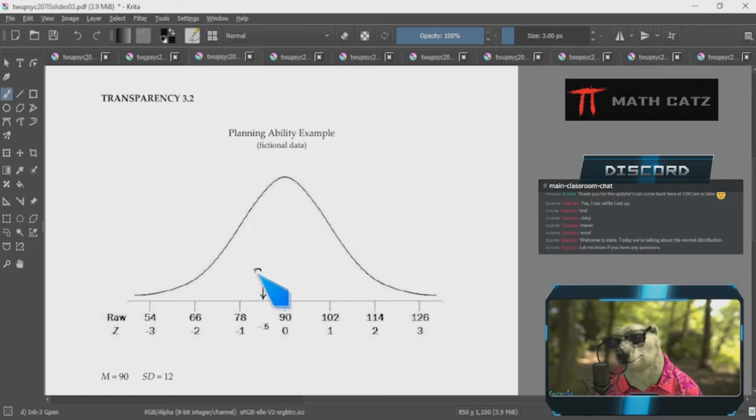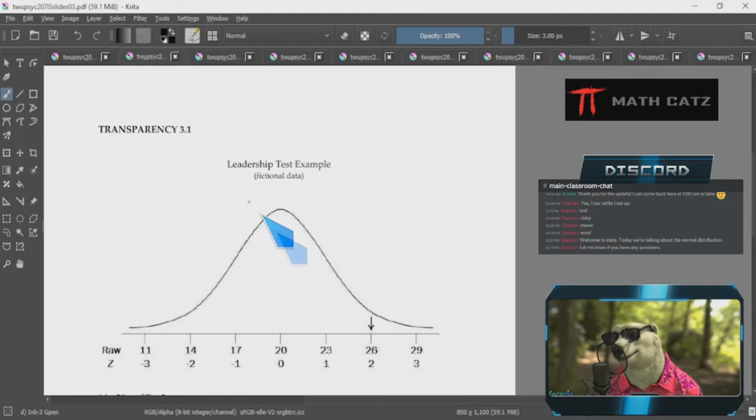So here, this one would be 84. So I can express the distance away from the center in terms of how many standard deviation steps or fractions of a step did I go and in which direction. So -1 would be a full standard deviation step below the mean. 3 would be 3 standard deviation steps above the mean.